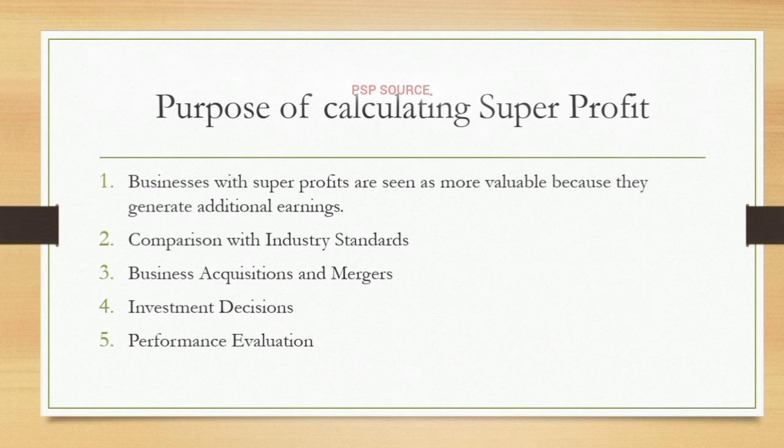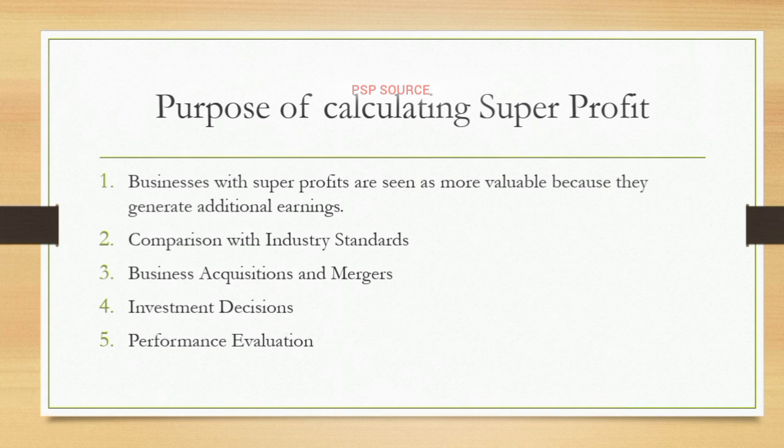The second one is comparison with industry standards. This method also helps the business evaluate its performance against its competitors. If I earn super profit, it indicates that I'm running a healthy business.